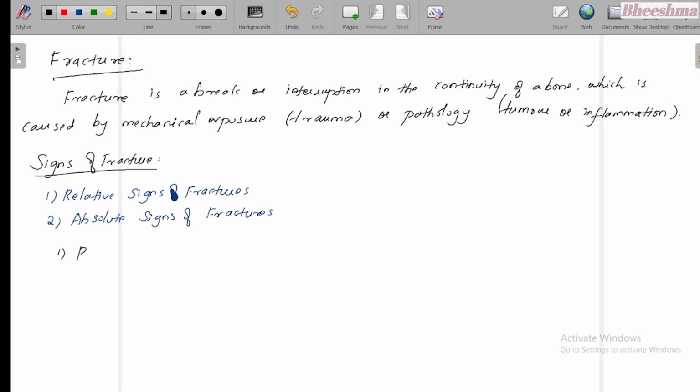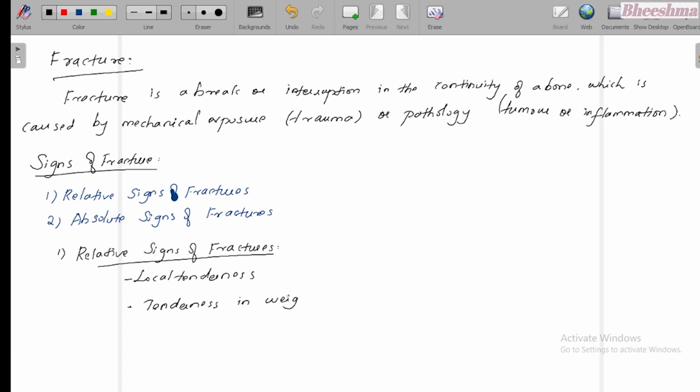First one, relative signs of fracture. Local tenderness. The next one is tenderness in waiting along axis.